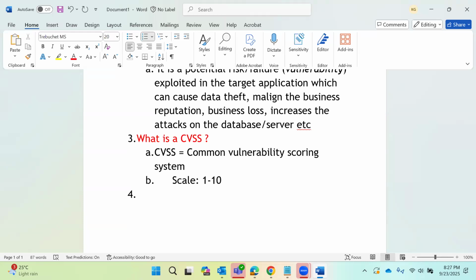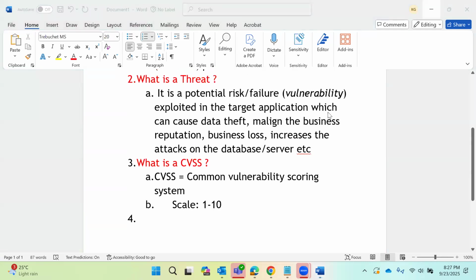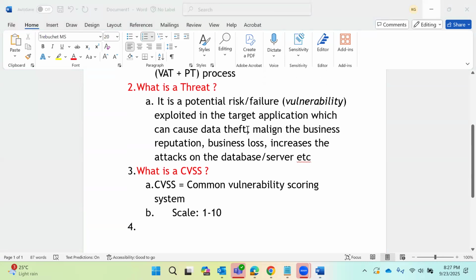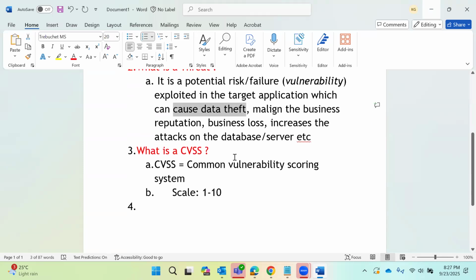So if I find a vulnerability which can steal data from the database, meaning user data is being stolen and probably sold on the dark web, that's against user privacy, right? So in such cases, the score that we give will be 10.